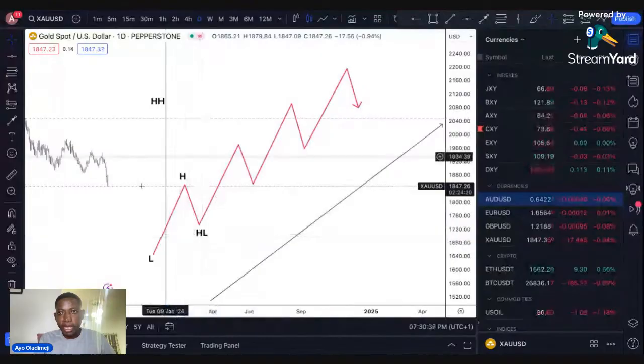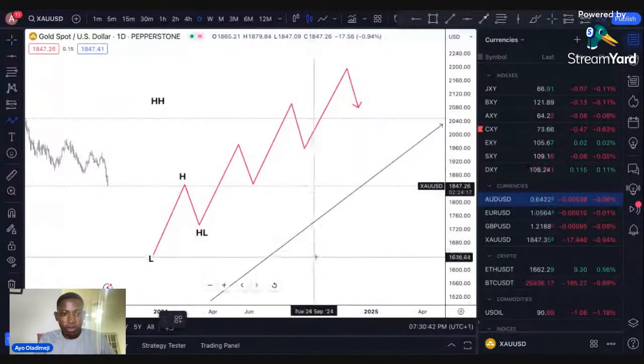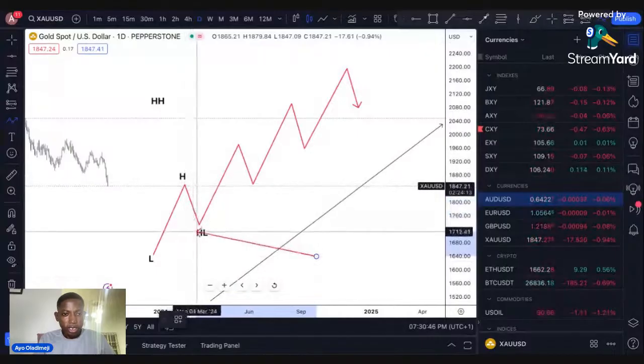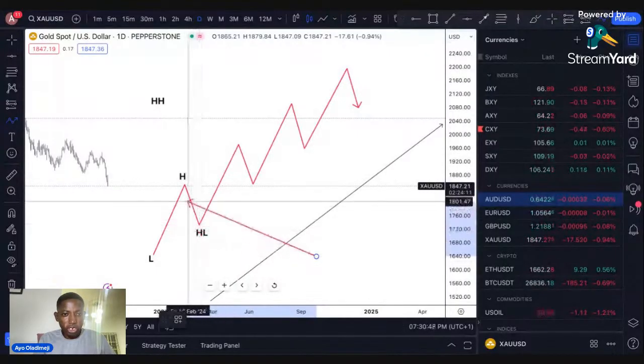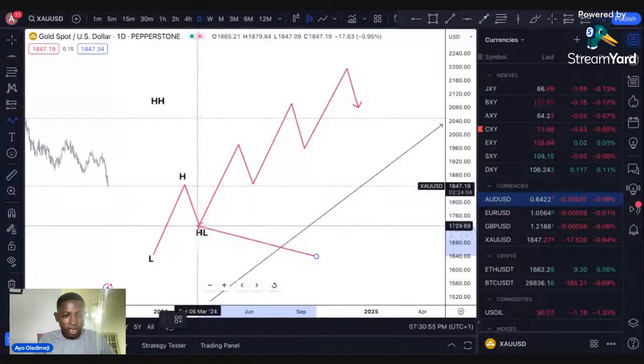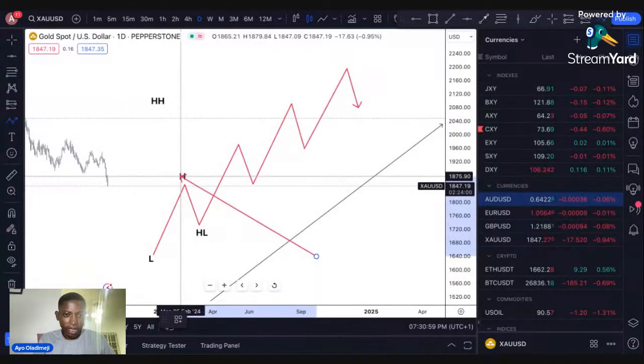Now, what do we mean by higher low? Look at this high. The relation between this high and this low is that this is a low compared to this high.